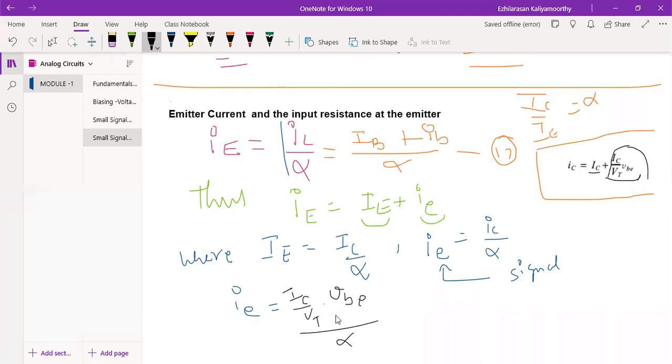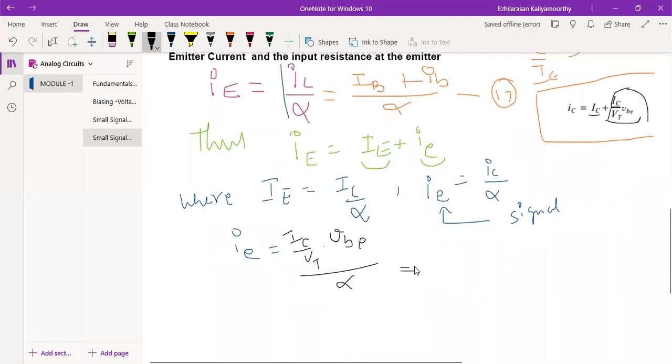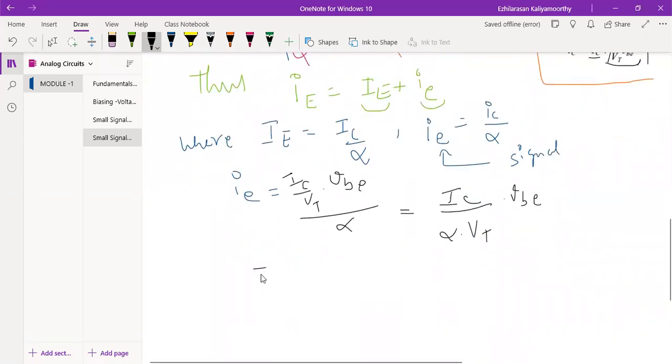Now simplify this: IC by alpha into VBE by VT. Again from this relation I can write IC by VT as IE by VT into VBE.